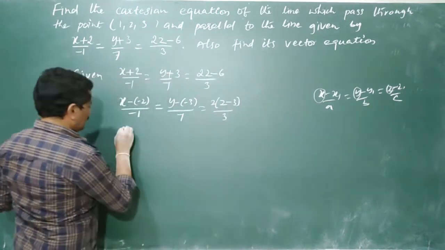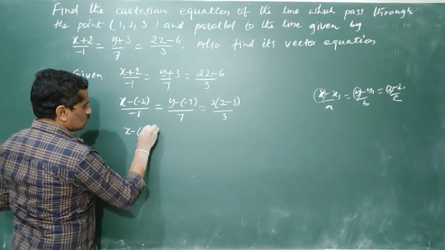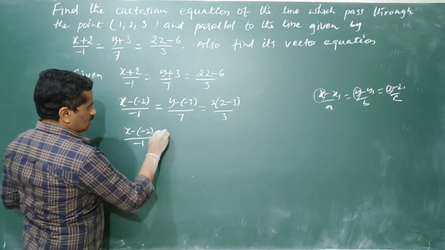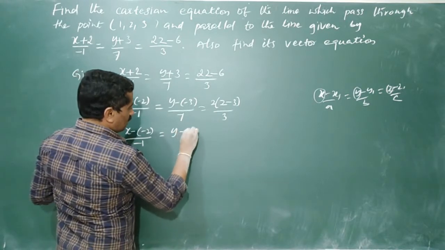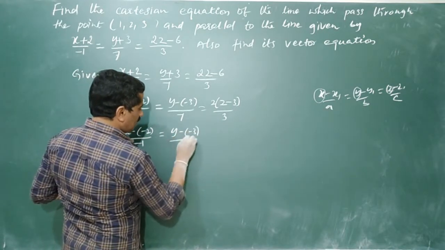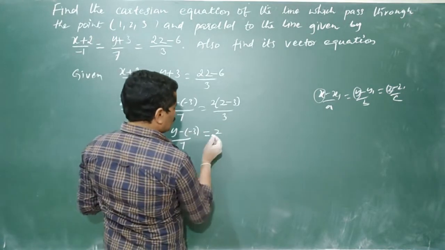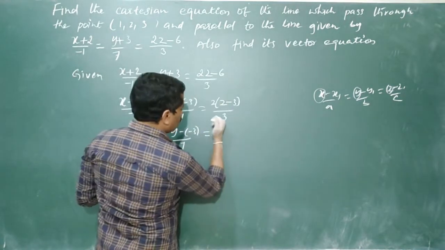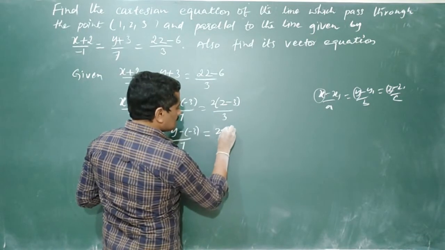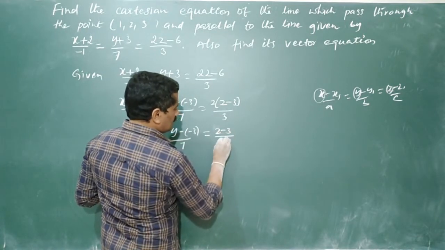Again that is x minus of minus 2 by minus 1 is equal to y minus of minus 3 by 7 is equal to z. So bring this 2 to denominator, therefore we have z minus 3 by 2.